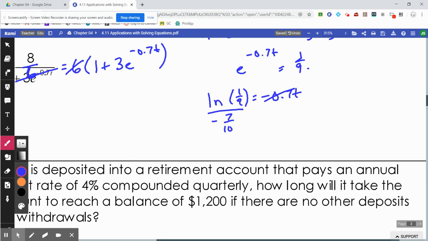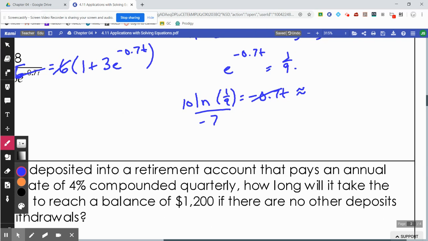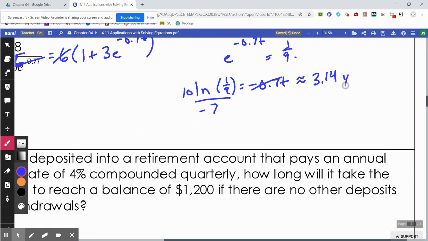You could flip and multiply by that, and that would be 10/7. You could do all sorts of negative 10/7, all sorts of stuff there to simplify this. But the main thing is our answer here. T is going to be about 3.14. T is about pi years.